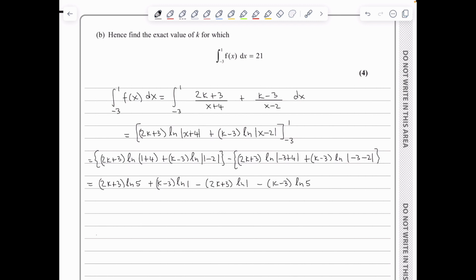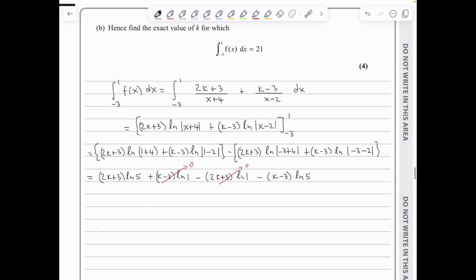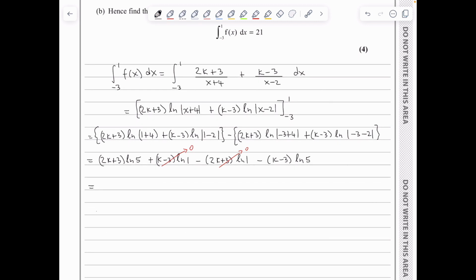Now we know that ln of 1 is 0, so this is 0, and this here is 0. So we get 2k plus 3 ln 5 minus the k minus 3 ln 5. Now the 2k minus k gives me k, and the 3 ln 5 minus the negative 3 ln 5 will give me plus 6, and everything is ln 5.